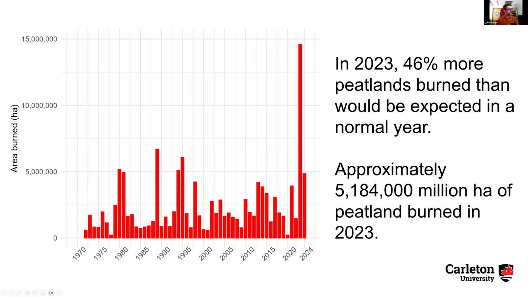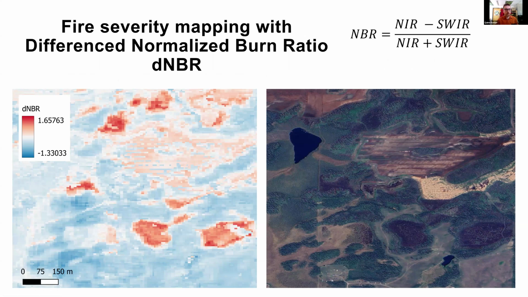Before I run out of time, I want to talk briefly about how we map burned areas. Visual satellite imagery, like the image on the right, is not the greatest tool for figuring out where wildfire occurred. So we use multispectral indices to determine where wildfire has burnt and where it hasn't. Two of the traditional ones are DNBR and RBR.